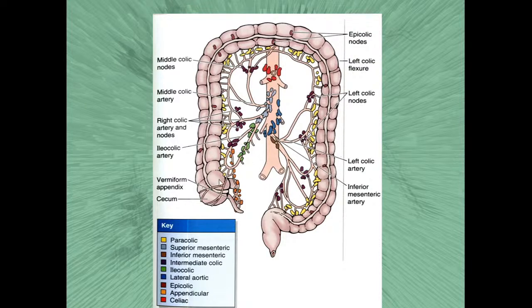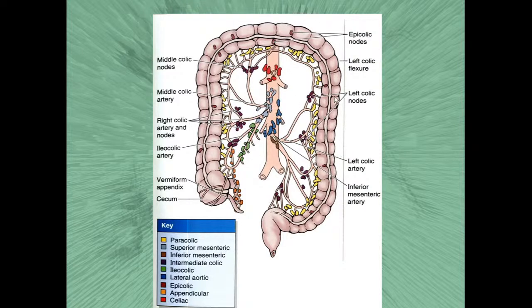After that, the next group of lymphatic nodes corresponds to the blood vessels, to the arteries, and is represented by the ileocolic lymphatic nodes, right colic lymphatic nodes, middle colic lymphatic nodes. From these three mentioned groups, lymph is collected to the collecting group around the superior mesenteric artery, the superior mesenteric nodes.